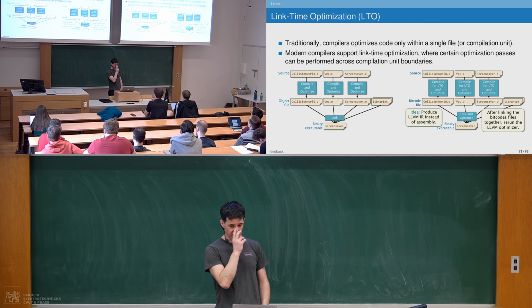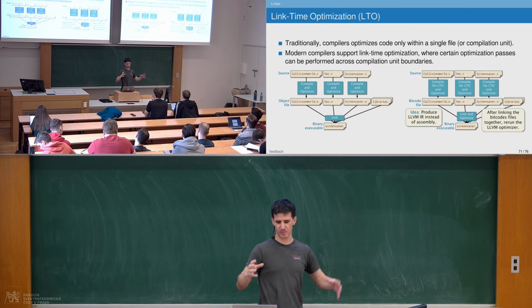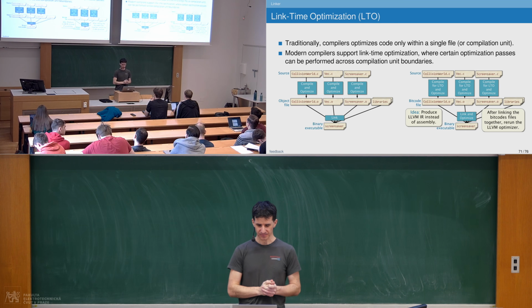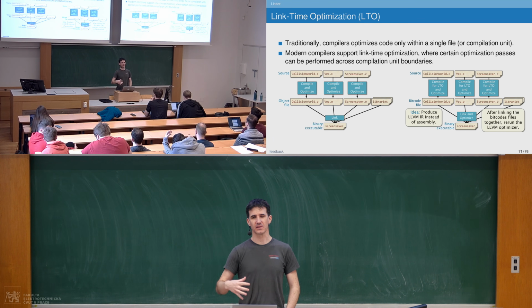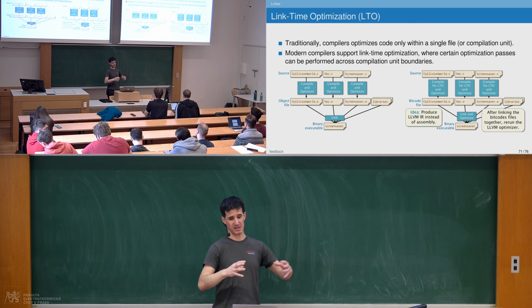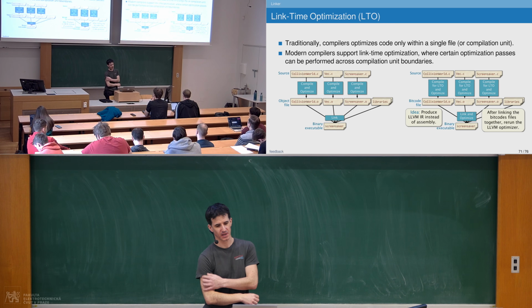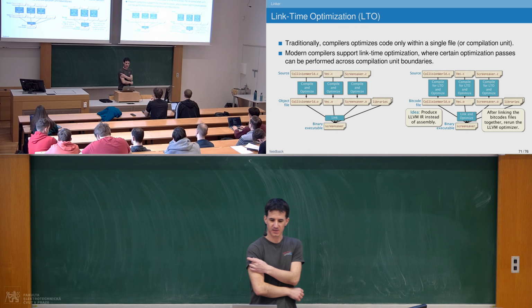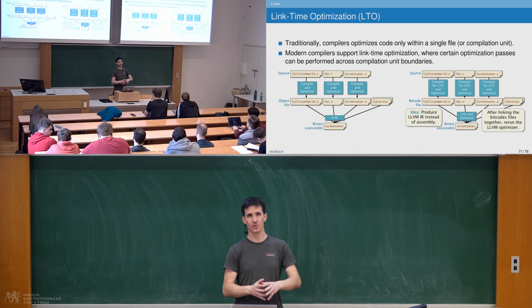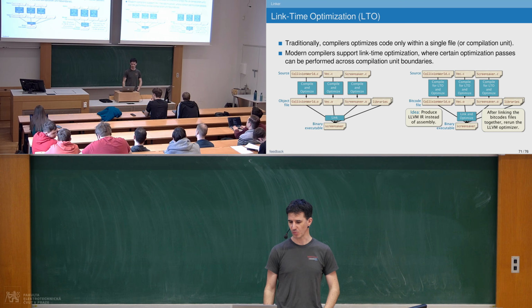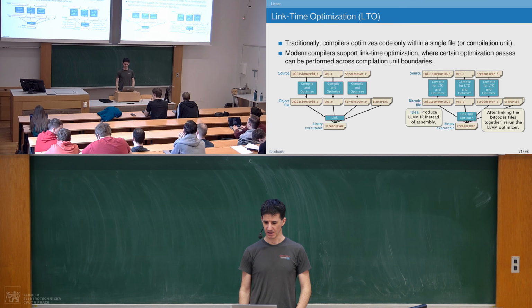Instead of linking object files together and doing nothing with the code, during the linking process the linker runs the optimization of the code again, and it can do inter-compilation-unit optimizations. Typically, it requires quite a lot of memory and is quite slow, but it can significantly speed up the resulting program because the linker has the whole picture about the whole program, all the units, and can perform optimizations which are not possible before that.